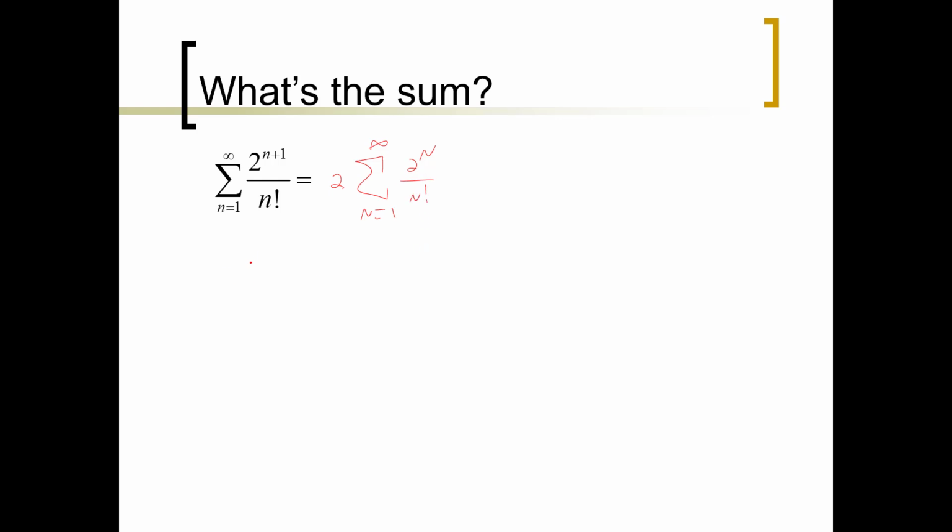But we know though that the summation as n goes from 0 to infinity of x to the n all over n factorial, that's actually e to the x.